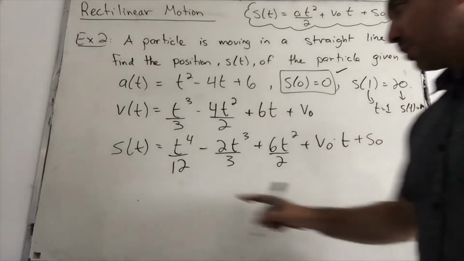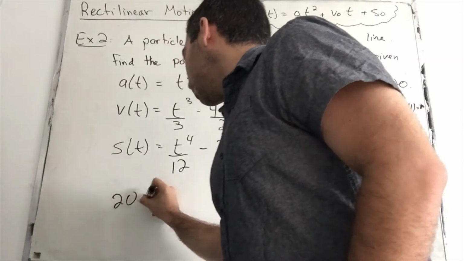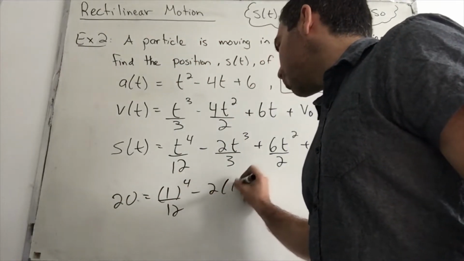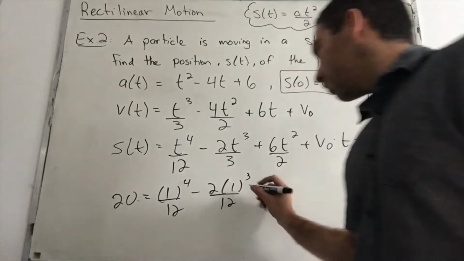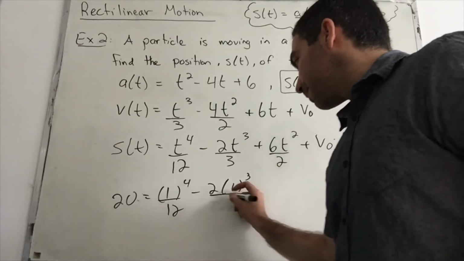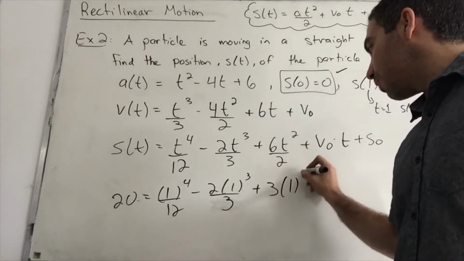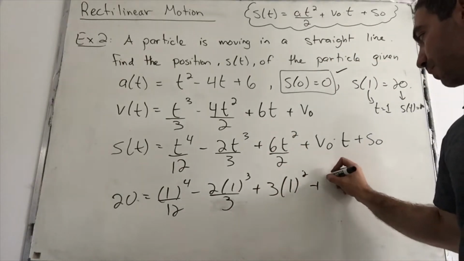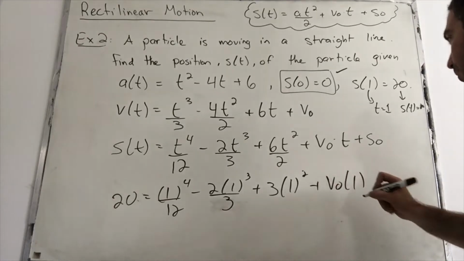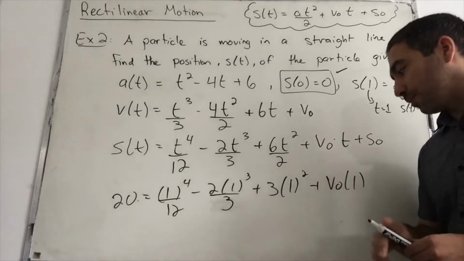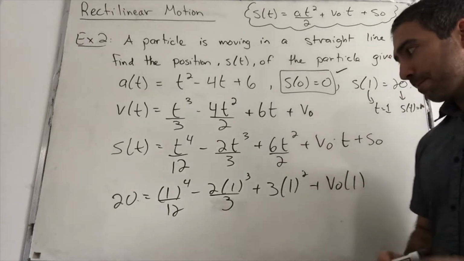Okay, so we get 20 equals 1 to the 4 over 12 minus 2 times 1 cubed over 3, plus 6 divided by 2 is 3 times 1 squared, plus v0, which we're looking for, and t is replaced with 1. And S0 we solved before was 0, so I'm not going to put it. I'm just going to look for my v0.